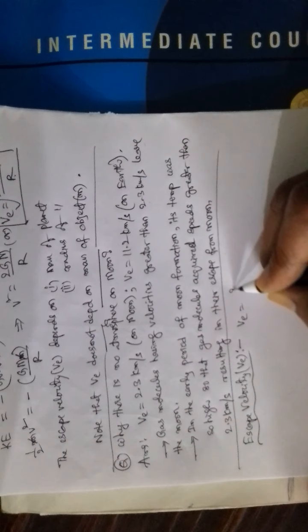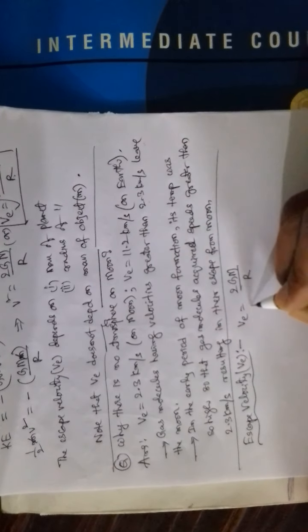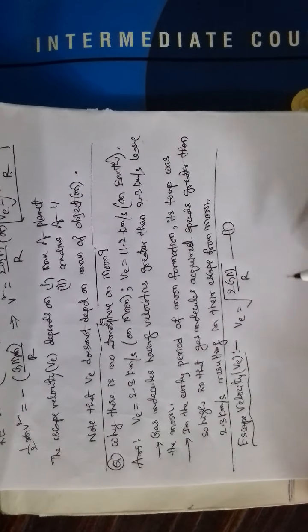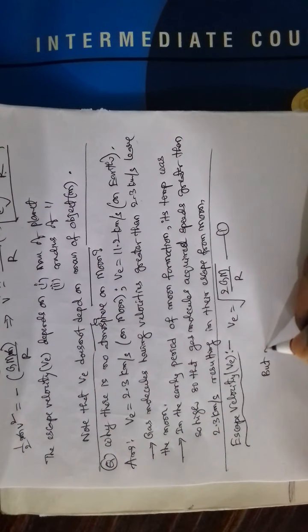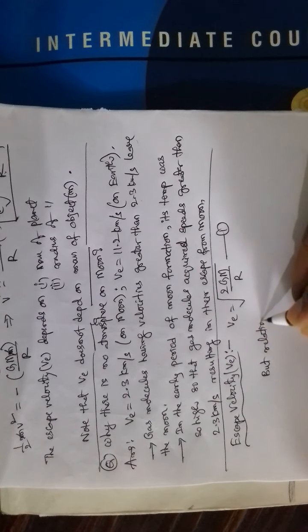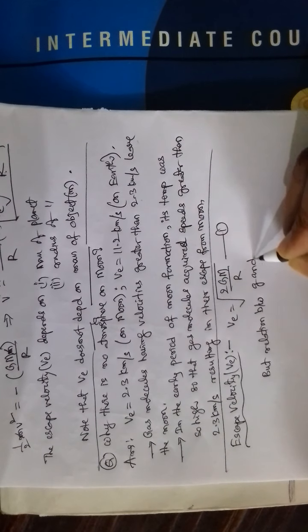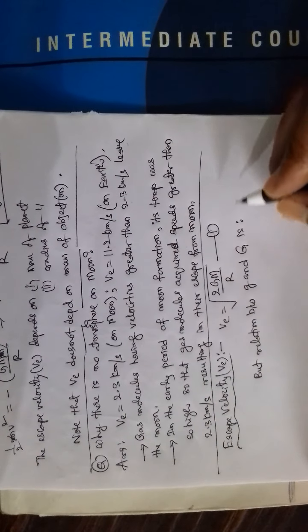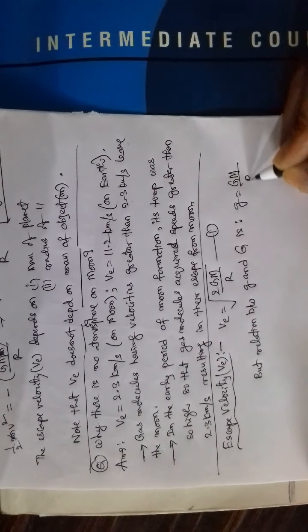V is equal to the square root of 2GM by R. But the relation between small g and capital G is, small g is equal to GM by R square.